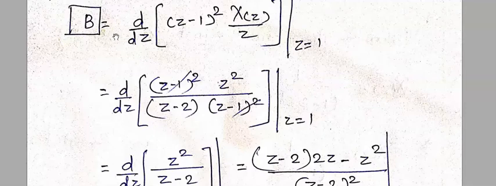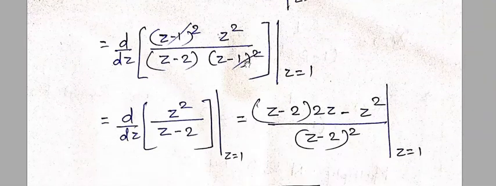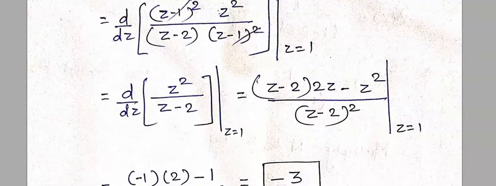So for b, okay, let me just write it. This is for b only we are doing. So d by dz of z minus 1 square, this will be cancelled. Solving it for this differentiation, it will be the u by v rule.